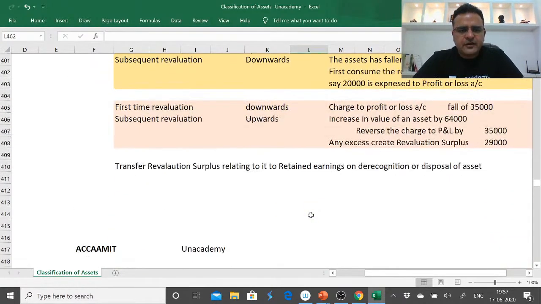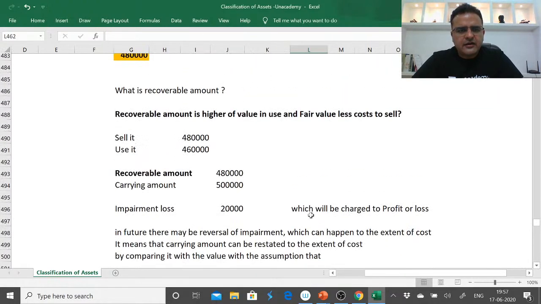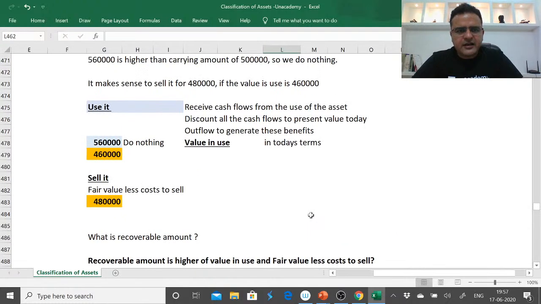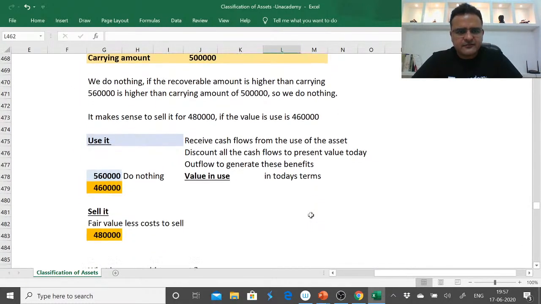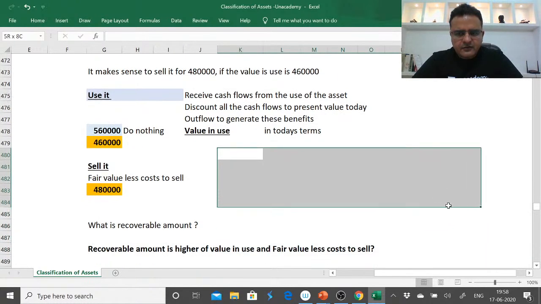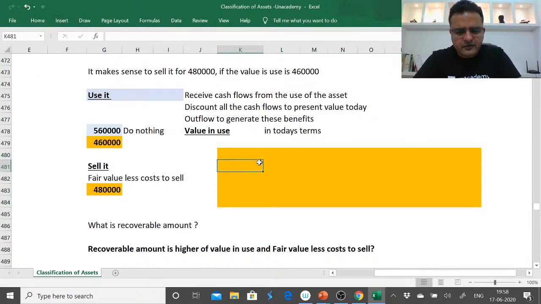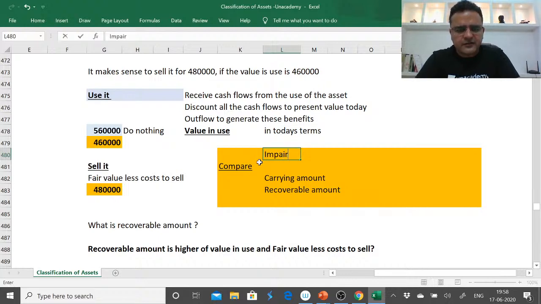So the main thing in case of impairment, if I summarize, is that impairment testing means that when we compare the carrying amount with the recoverable amount, this concept is known as impairment testing.